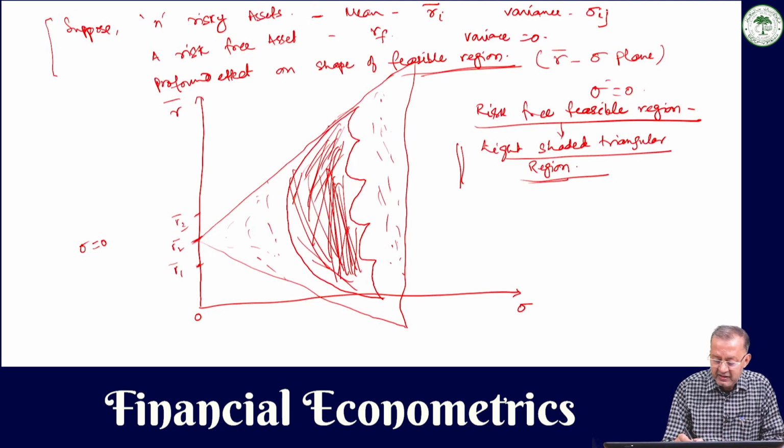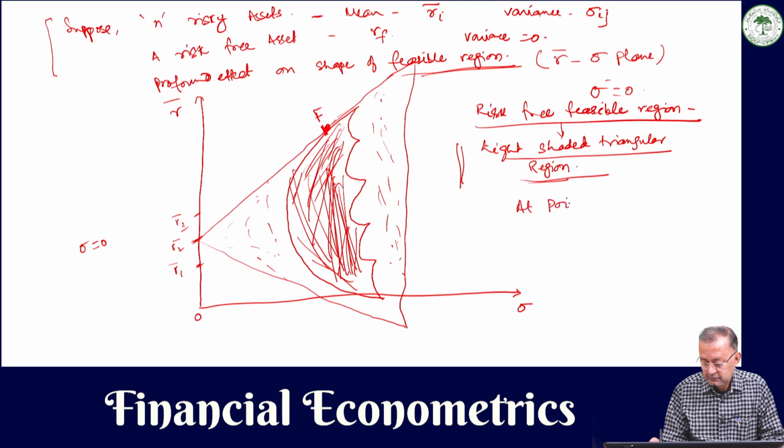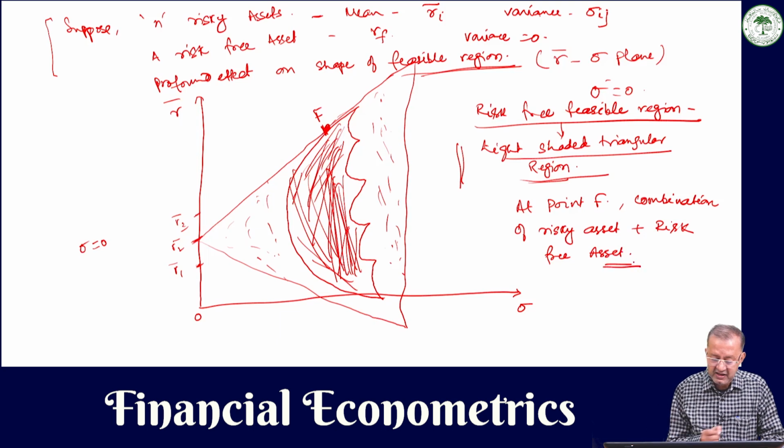If you get this point where it is tangent, let this be F. So at point F, you have a combination of risky asset plus risk-free asset.